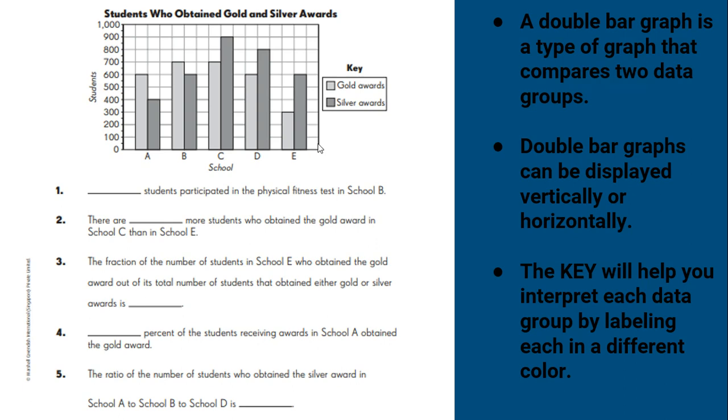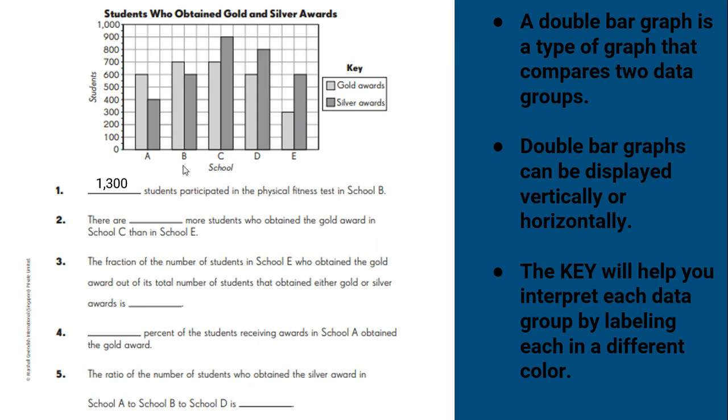So now that we know what we're looking at, we can answer the following questions. Question 1 says, how many students participated in the physical fitness test in school B? To answer that question, we're going to add both bars together. So 700 plus 600 gives us a total of 1,300 students.